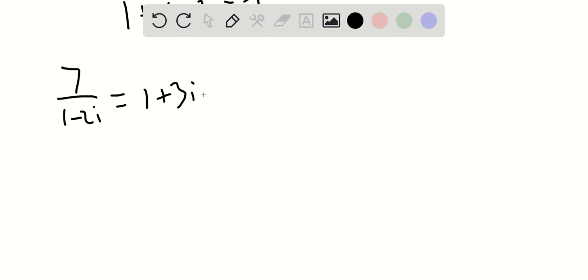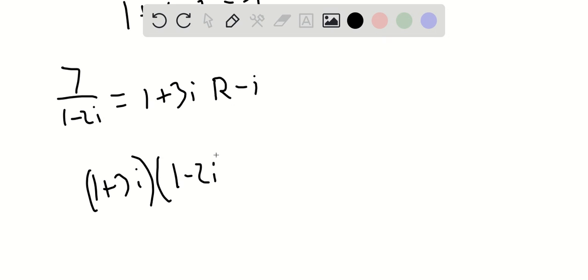So this would be 1 plus 3i with a remainder of negative i. Is that correct? Well, if it is, then our quotient, 1 plus 3i, times our divisor of 1 minus 2i, plus our remainder, so plus a negative i, should be equal to 7.